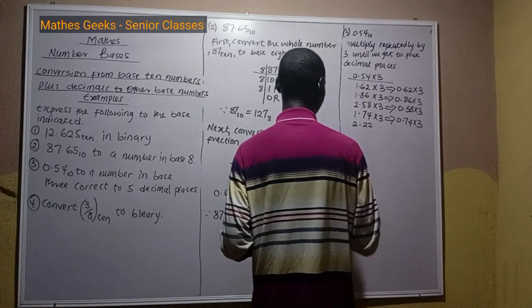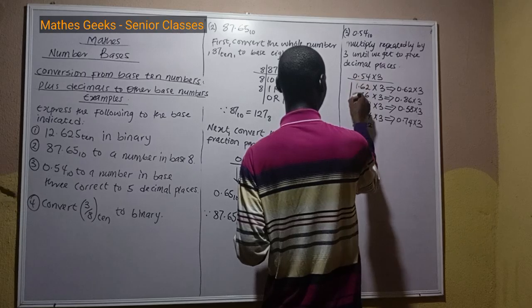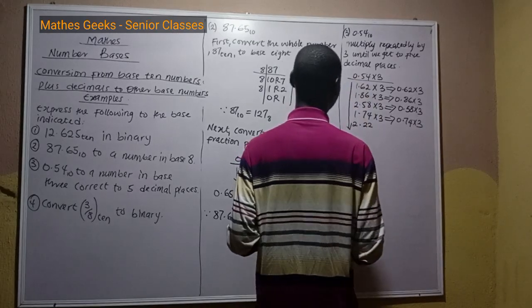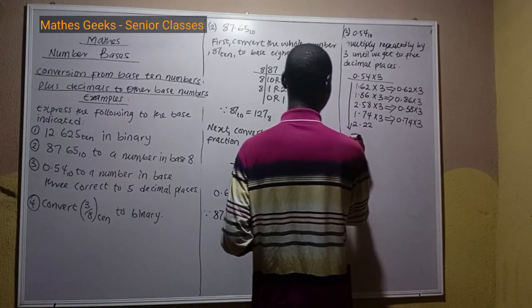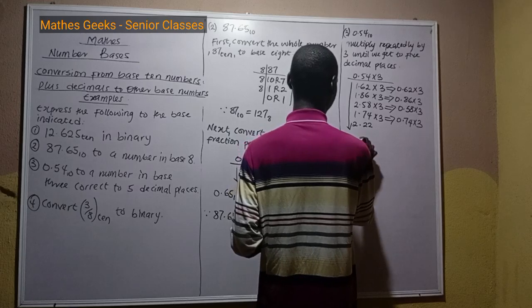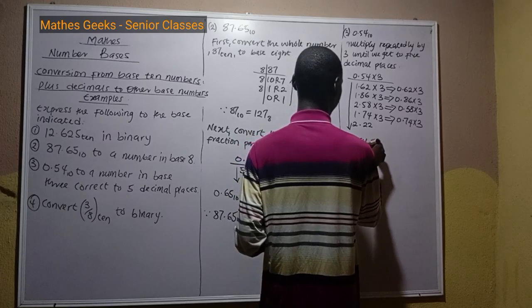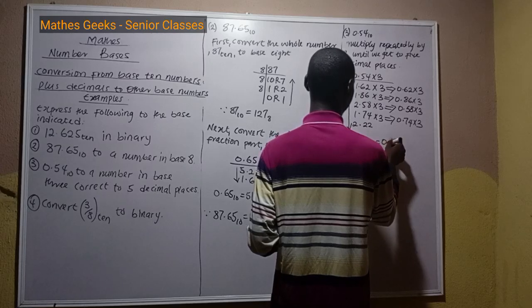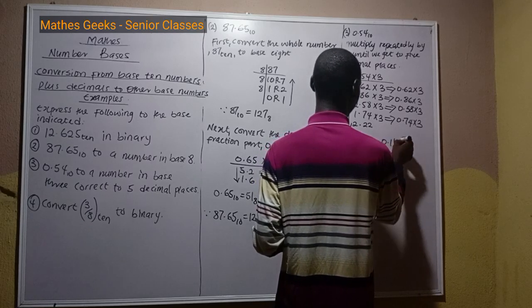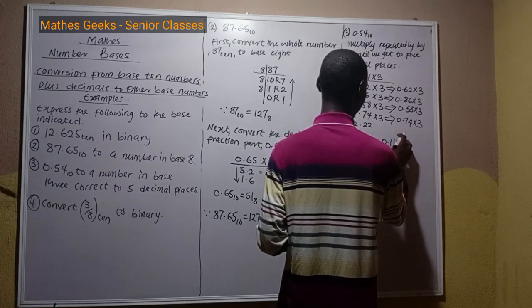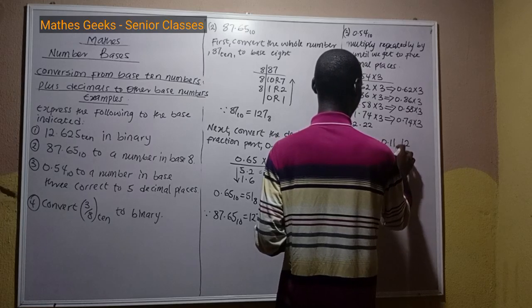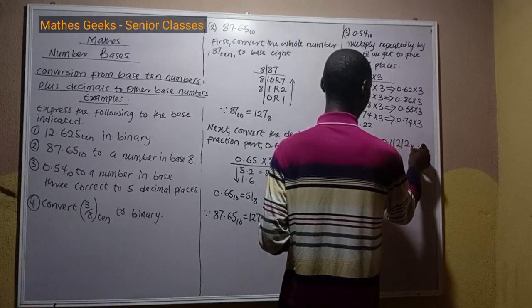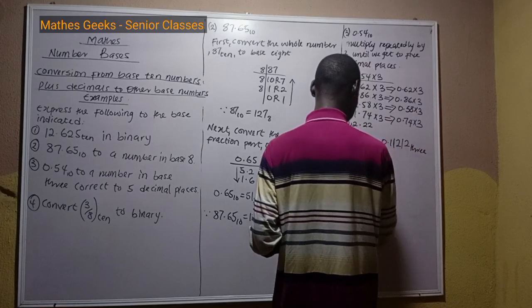Now I've got 5 decimal places, so we draw our arrow from top to bottom. Therefore 0.54 base 10 is equal to 0.11212 base 3.